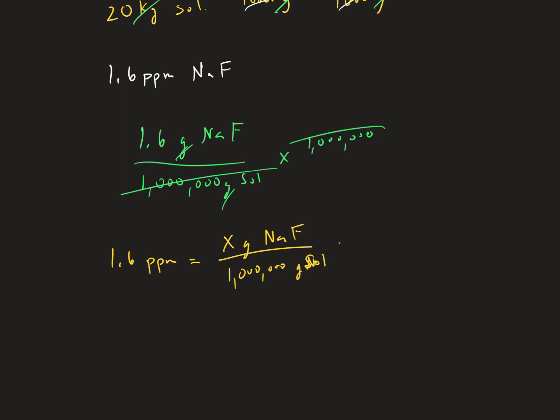Oh yeah, we got to times this by 1,000,000. Oh yeah, it's just 1.6. 1.6 grams. Well, if we knew how much we had, we'd have to convert that, right? When you divide down and then multiply again, you get 1.6. Yeah. What does it mean? So it means we have 1.6 grams of NaF if we have 1,000,000 grams of tap water.